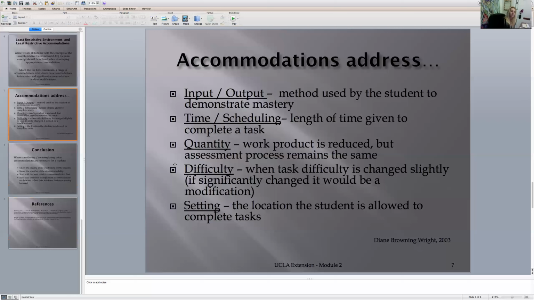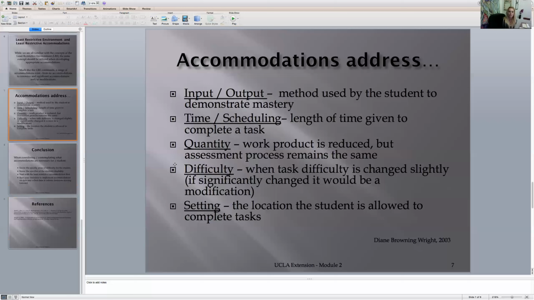Time and scheduling is another common accommodation. So maybe allowing certain students that have challenges in a particular area extended time to complete a task is a very common accommodation. Quantity. If we reduce the work product, this borders on and consists more of a modification.